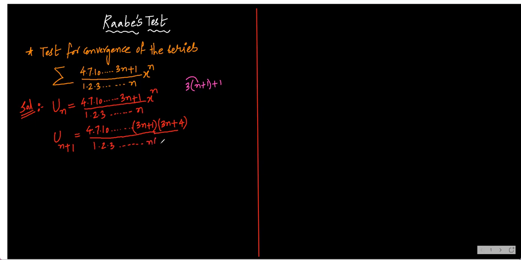N will be there, and the next term will be n plus 1. And for x power n, the n plus 1th term will be x power n plus 1. Clear? Any doubt in this?